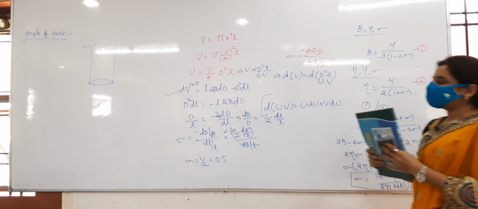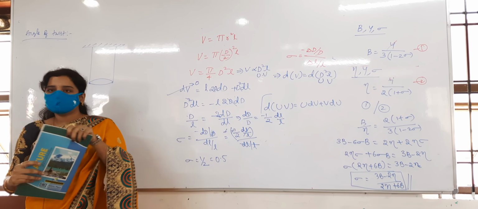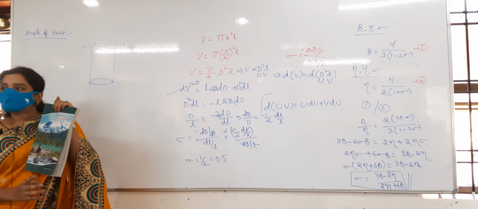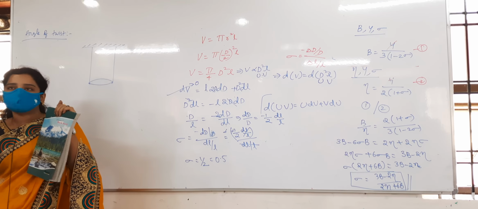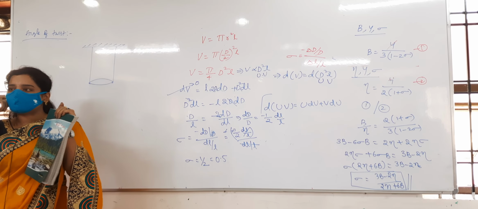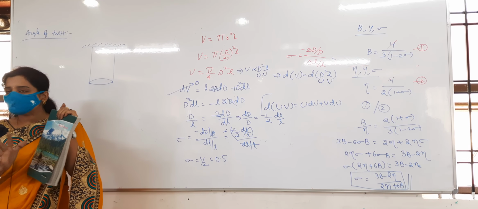Yes. See that? First of all, I have taken a cylindrical wire. Upper edge is fixed. Twist is nothing but you are twisting this. So this concept will come again in the oscillation chapter also, where torsional pendulum will come. Same concept only, listen properly.